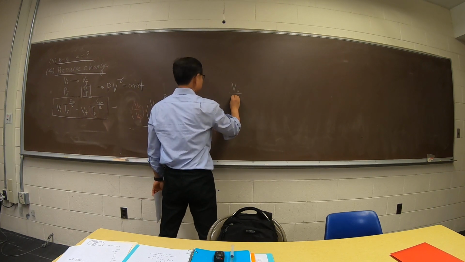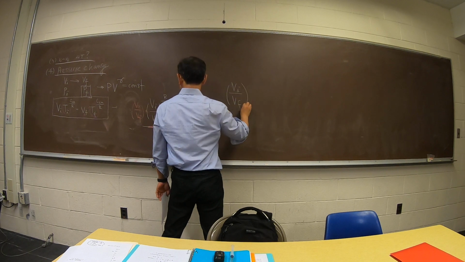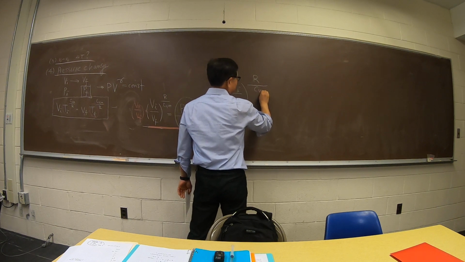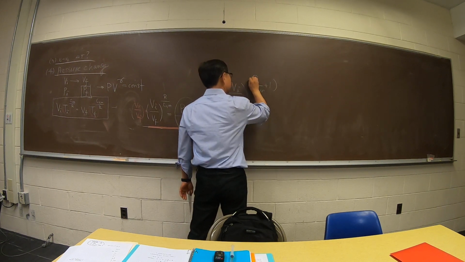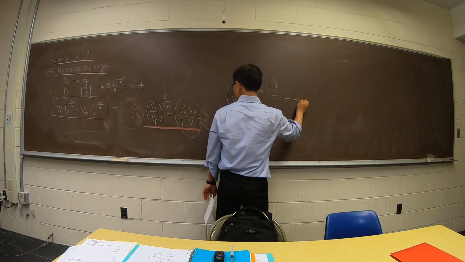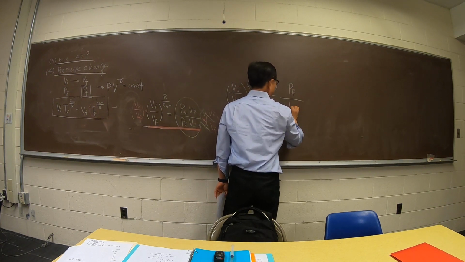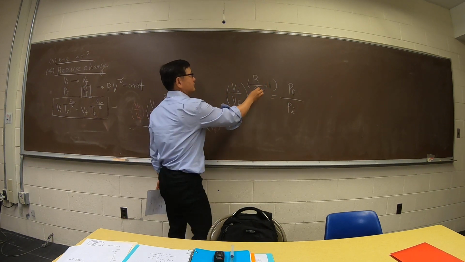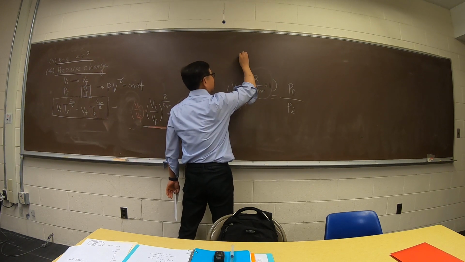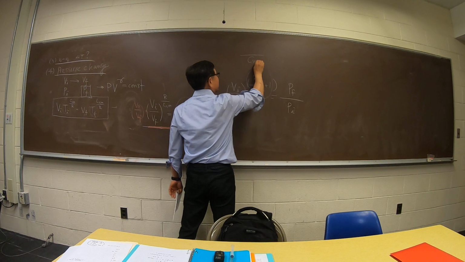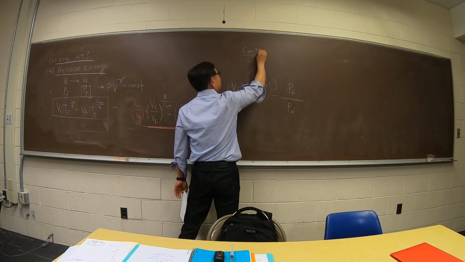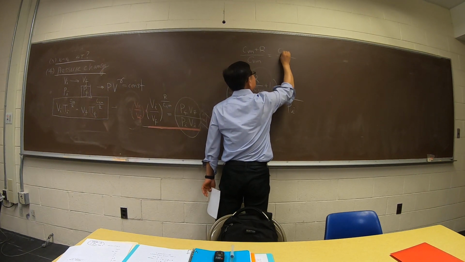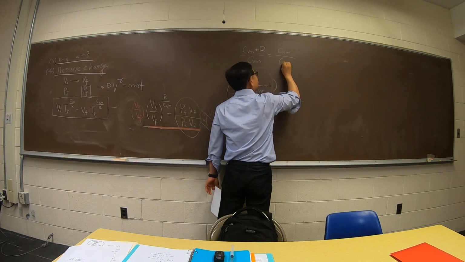So Vi over Vf to the power of R over CVM plus 1 is Pf over Pi, and when you say this one is the same as CVM plus R, this is the same as CPM, Cp.